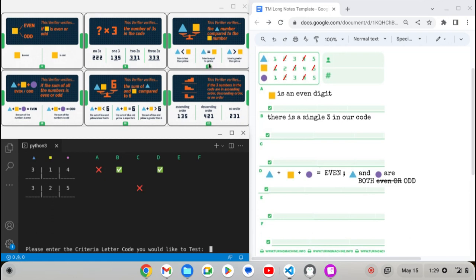Obviously, we also know that it can't be equal, since we got odds on top and evens in the middle. So that means that indeed triangle should be smaller than circle. So that's criteria C. So I'm going to say triangle is less than square.